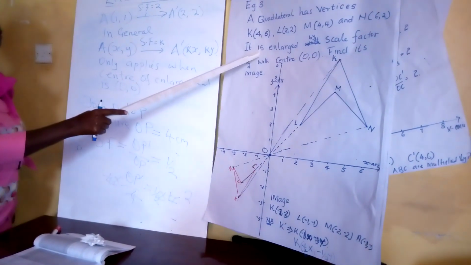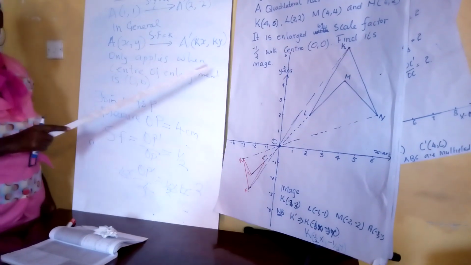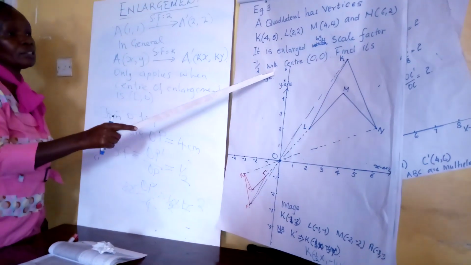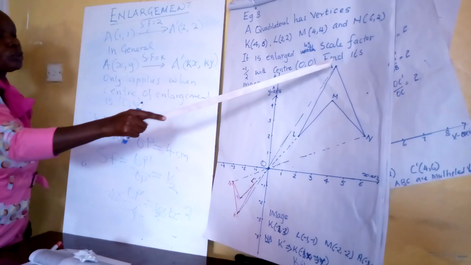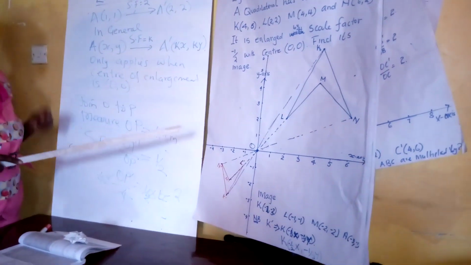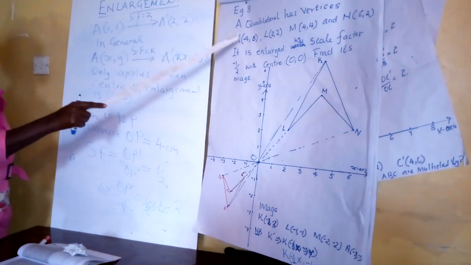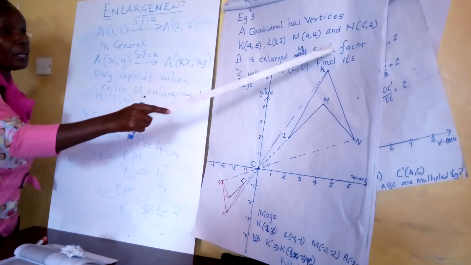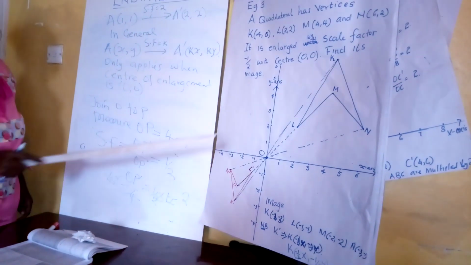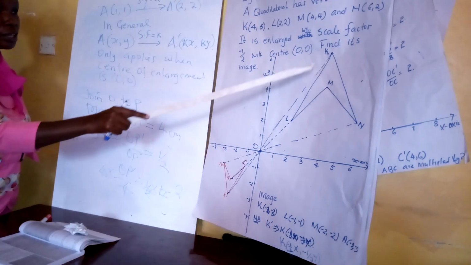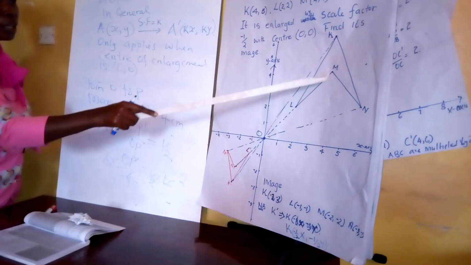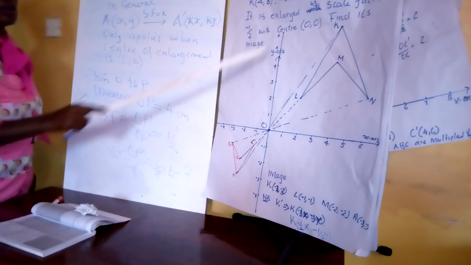It is enlarged by a scale factor of -1/2. The center is (0, 0). Now you are told to find its image. If you plot the points K, L, M, and N on the Cartesian plane, this is the object that we are getting. It's a quadrilateral.